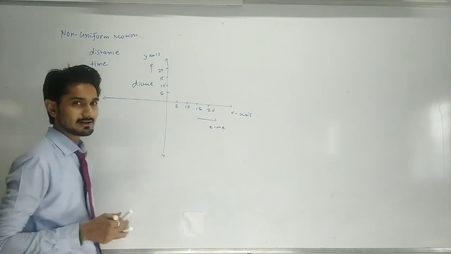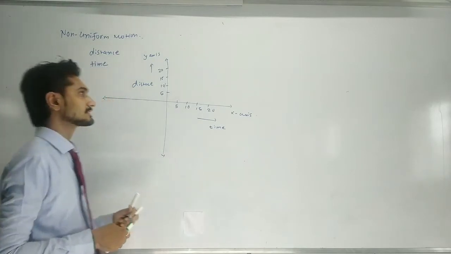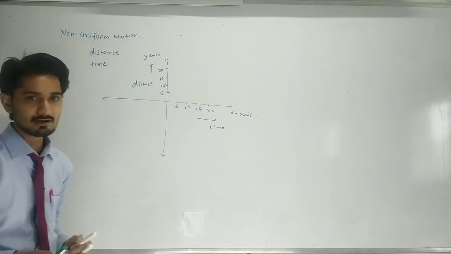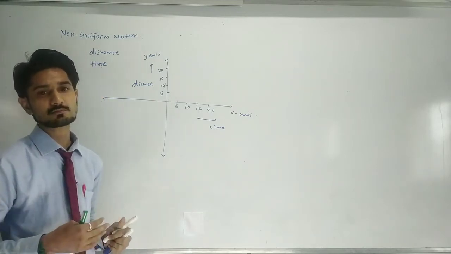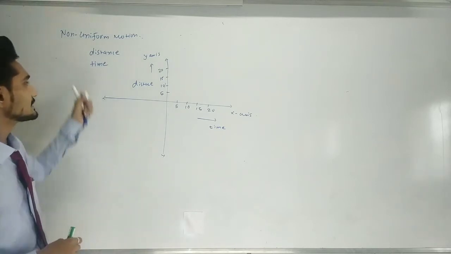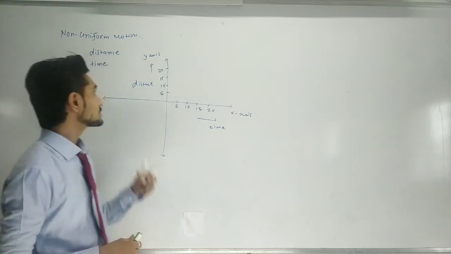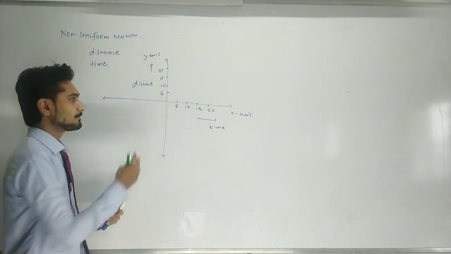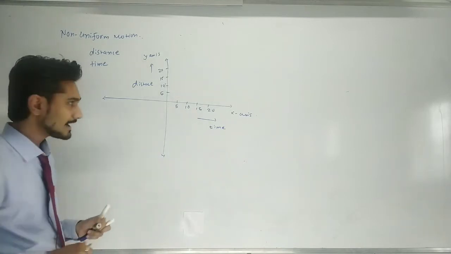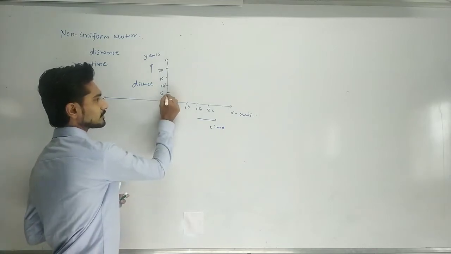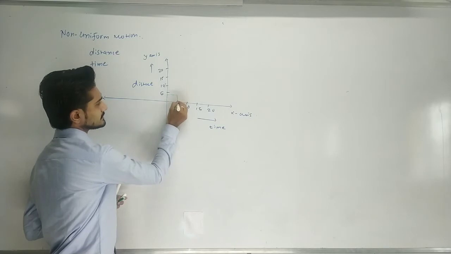Now suppose, as we talked about earlier, what is non-uniform motion? Whenever I cover unequal intervals of distance in unequal intervals of time, that can be represented as non-uniform motion. First, let us understand what happens when I travel 3 kilometers in 5 minutes.